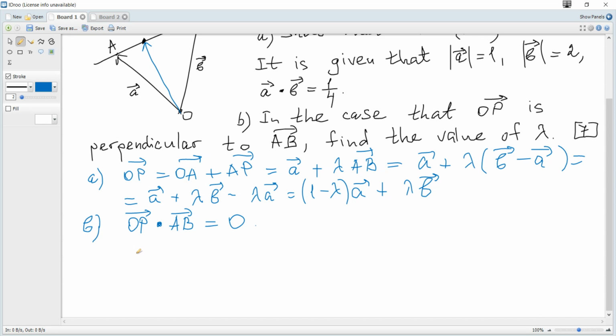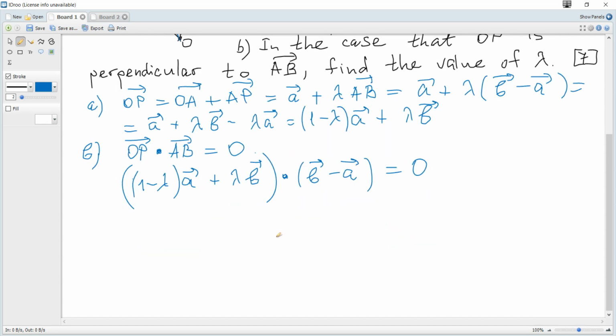We can substitute in terms of a and b, so it becomes (1 minus lambda) a plus lambda b, dot product AB, and AB is b minus a, and just expand. It's like usual multiplication, but you should write this dot to use the dot product instead of just usual multiplication.